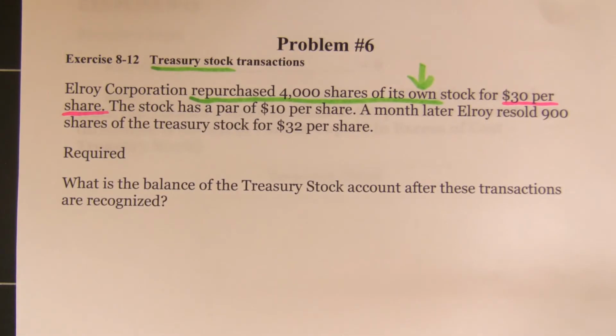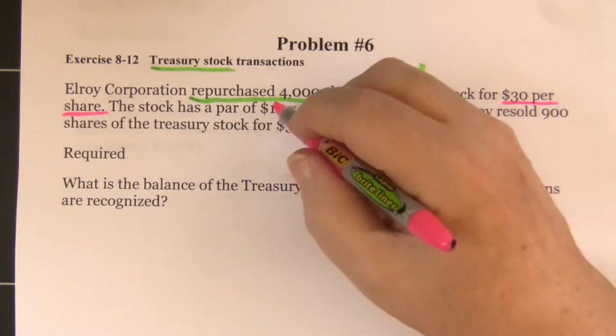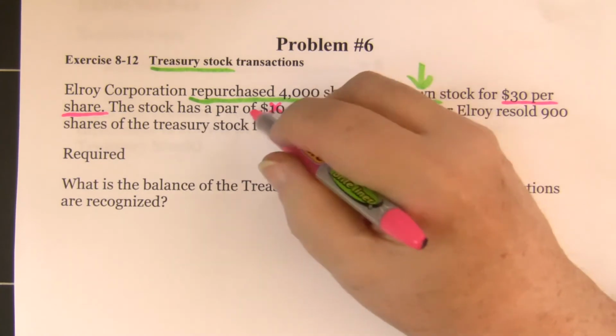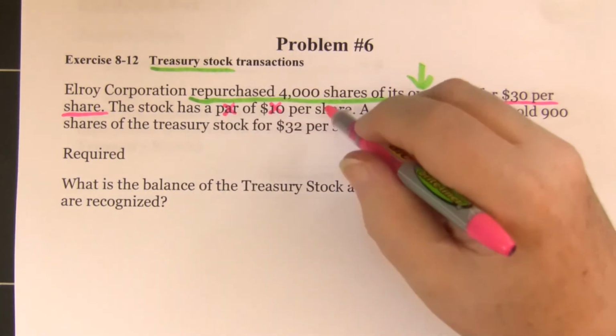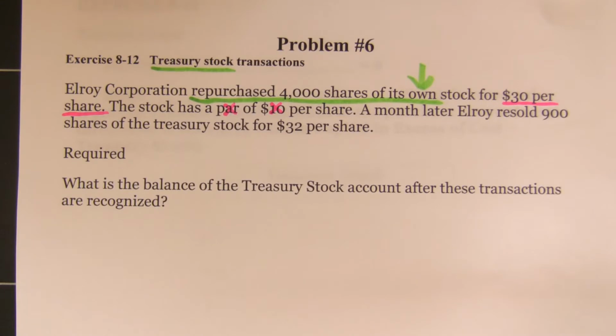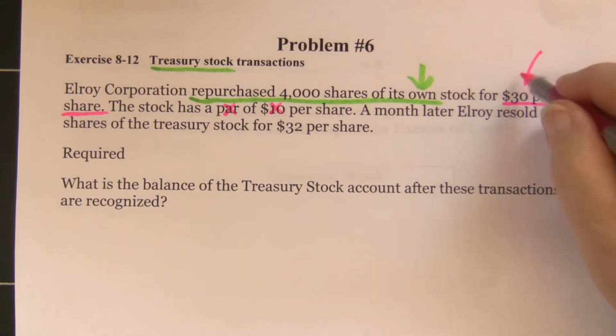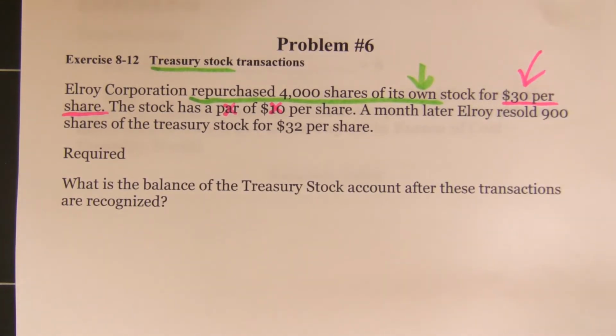Now, because we bought it back as treasury stock, we no longer care about the par value. The only number we care about is what we paid for it.